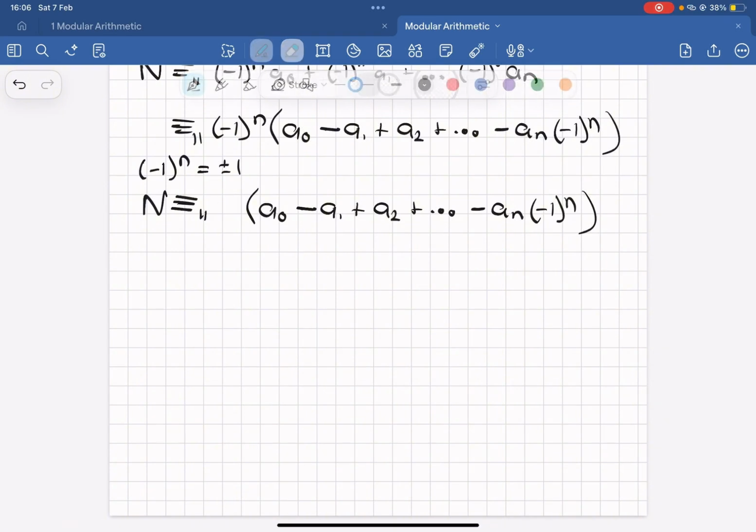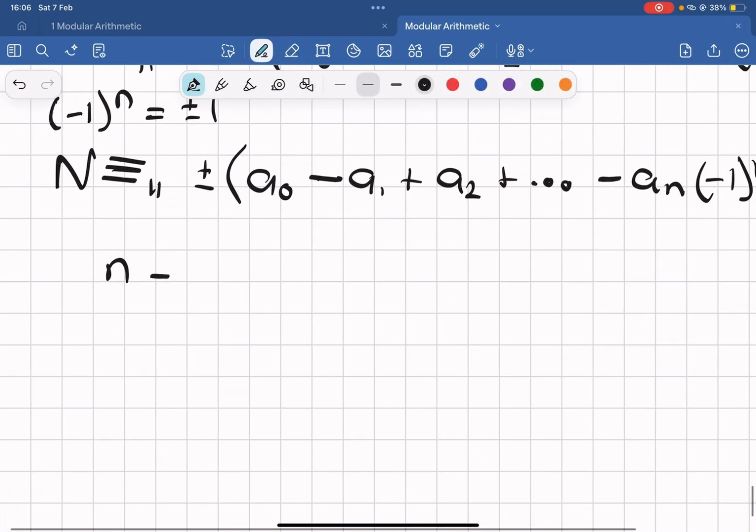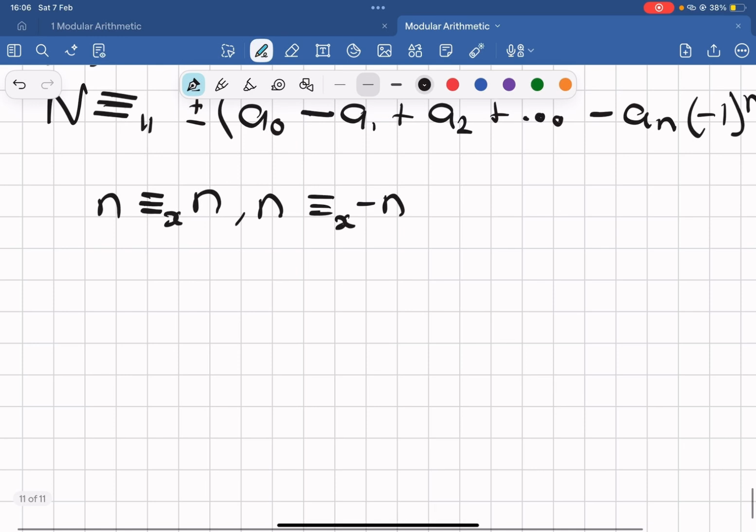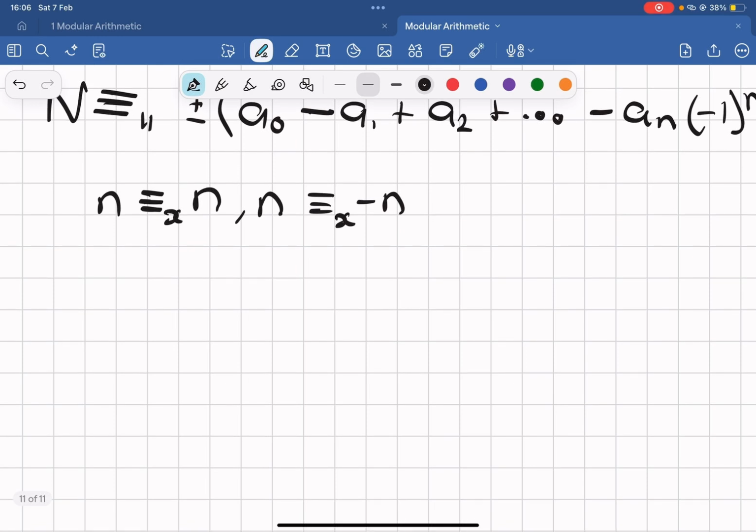Now, with this plus or minus, when working with mod, any number is congruent to itself mod x, and it's also congruent to minus n mod x.